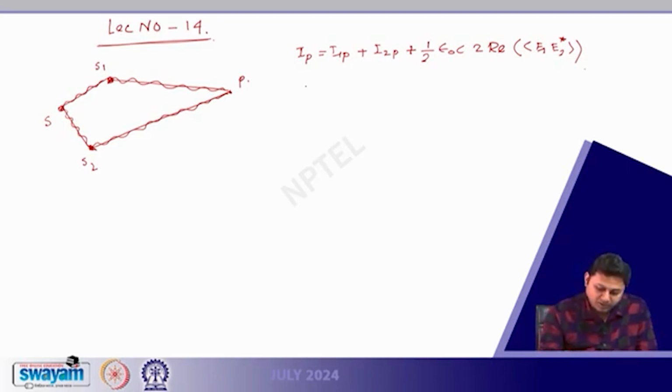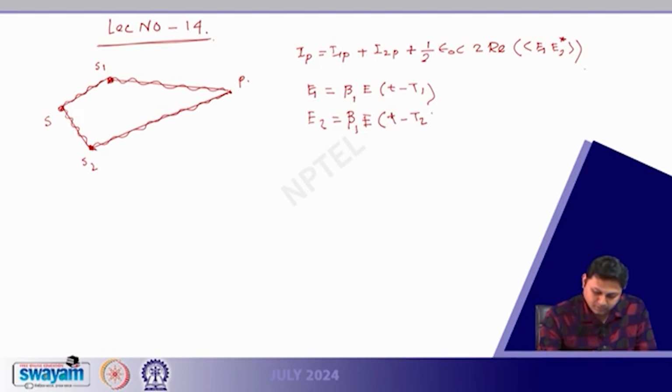Then I know what my E1 and E2 are. E1 is related to the source field like this, E of T minus T1, and E2 is related to beta 1, E of T minus T2. They are related to the source field S with this form.